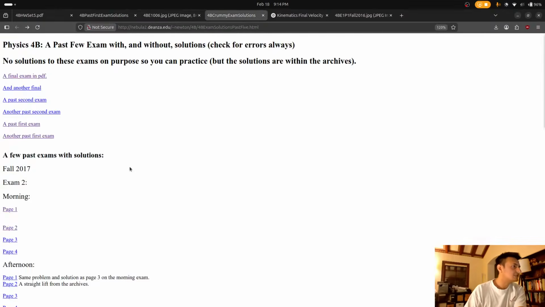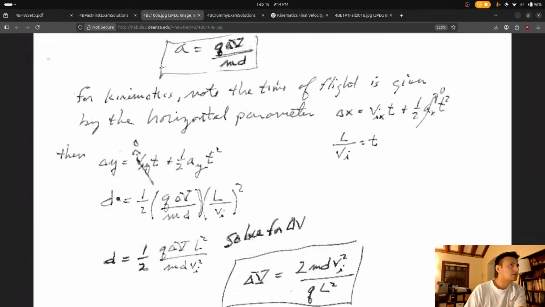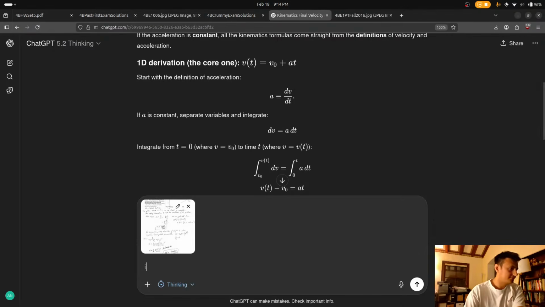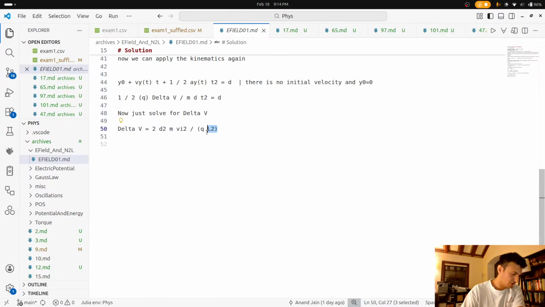Wait, actually, did he say 2d squared V_i squared m over q L squared?